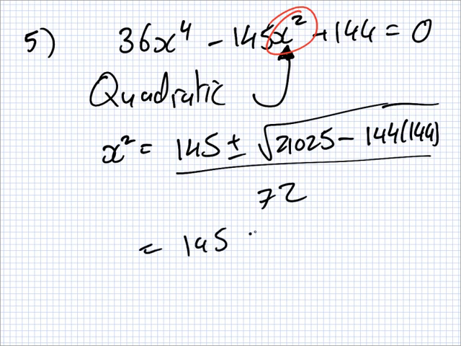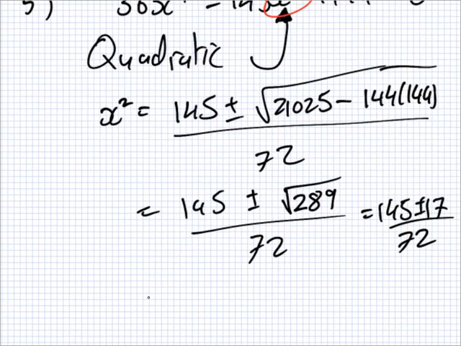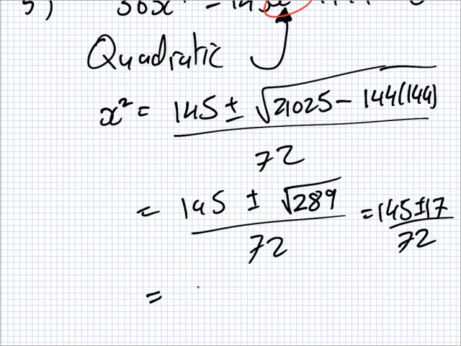That's 145 plus or minus the square root of 289. That's 17, isn't it? 145 plus or minus 17 over 72. 145 plus 17 is 162 over 72. And if we subtract, 145 minus 17 is 128 over 72.